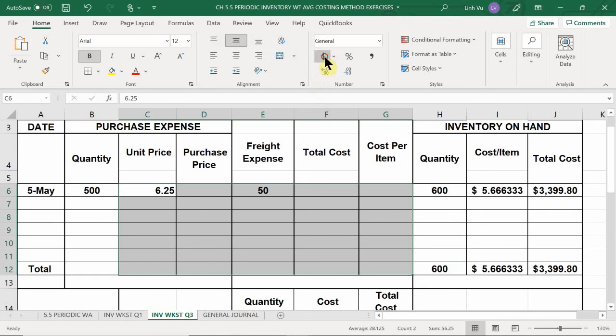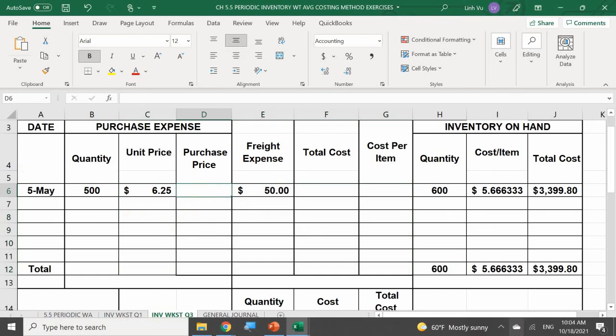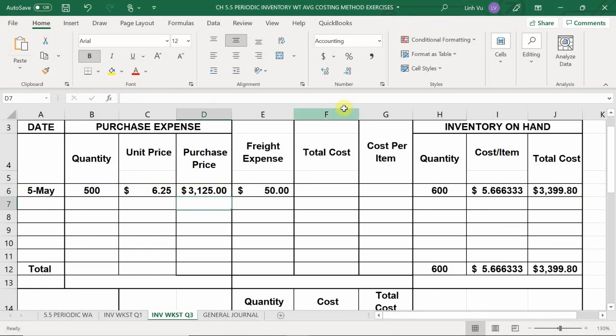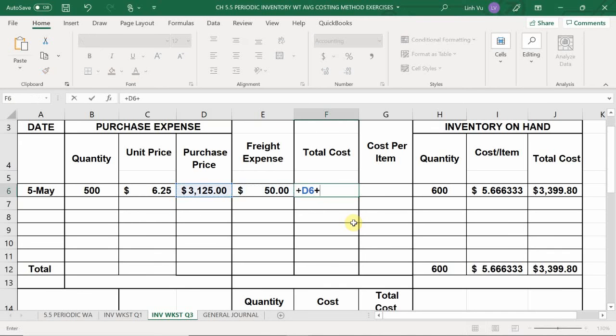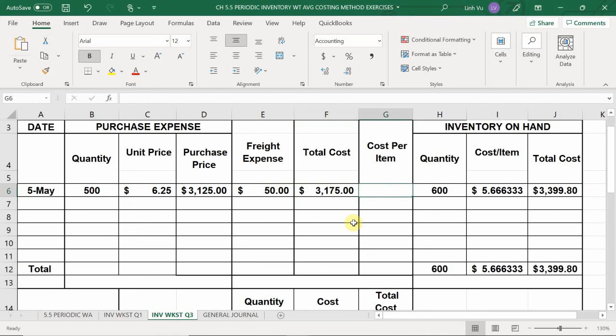What's my purchase price going to be? $3,125. Okay, good. Plus my freight of 50, 3,175. Okay. And in this case, we don't need to solve for our average cost per item because in this case, I have multiple inventories that I need to calculate our grand total for. Okay.